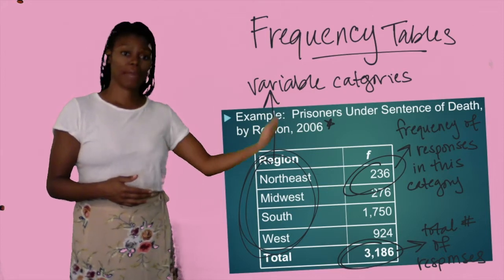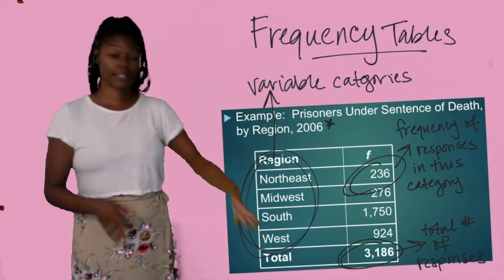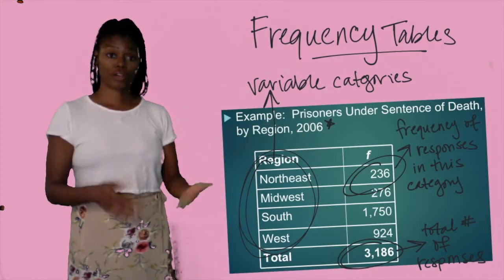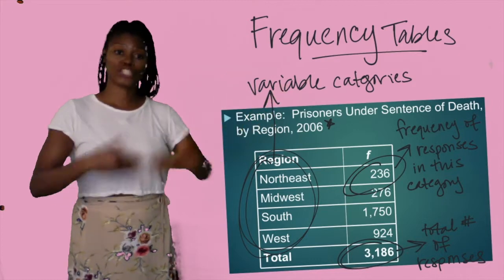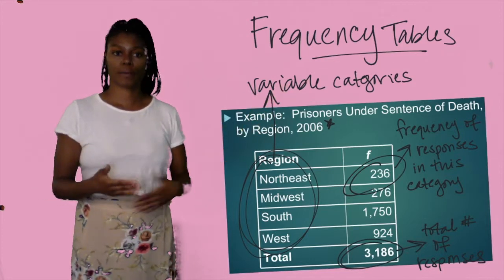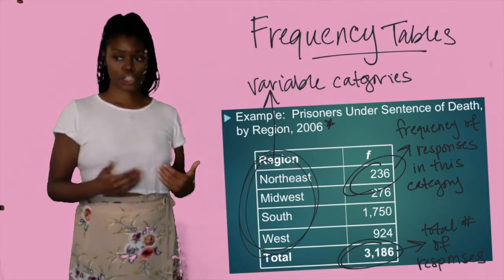So, how many prisoners are under sentence of death in the Midwest? How many prisoners are under sentence of death in the Northeast? We're literally just counting up the responses. So, frequency is really about addition.